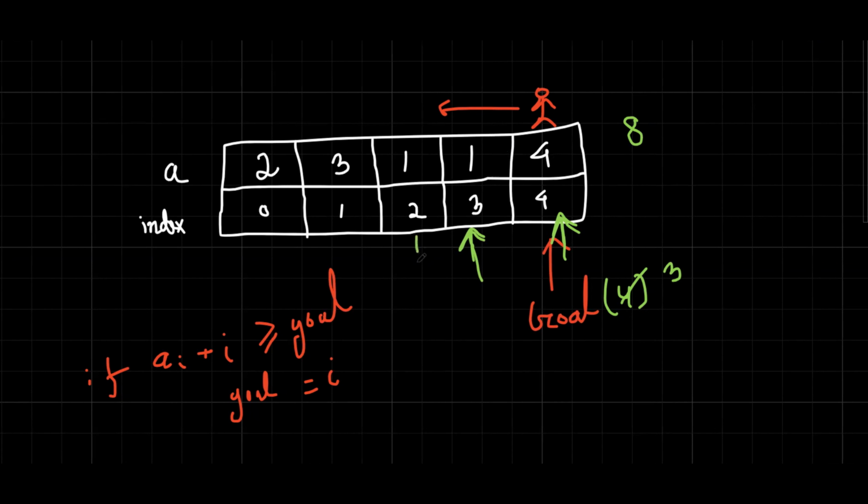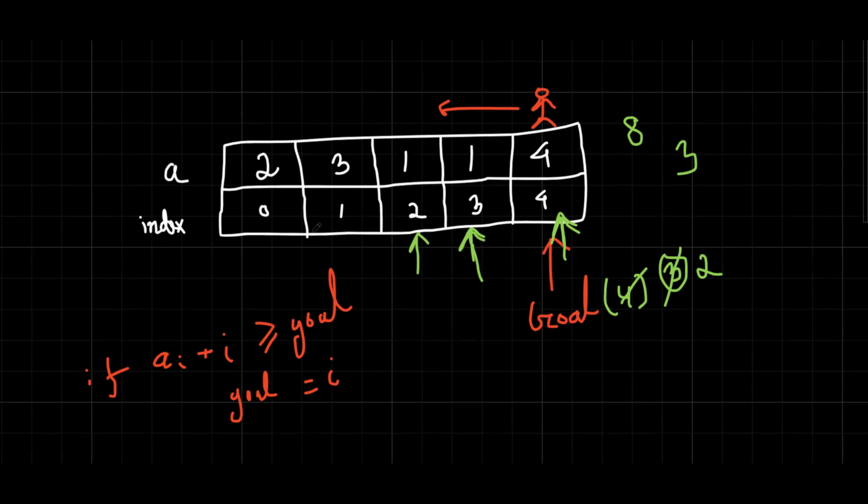Now, currently we are at these positions. For these positions, the value of a of i plus i will be 2 plus 1, 3. So we can say that 3 is obviously greater than or equal to the current goal 3. So here we have to update our current goal, which is 2. That means if we start jumping from these positions, we can reach the final positions.